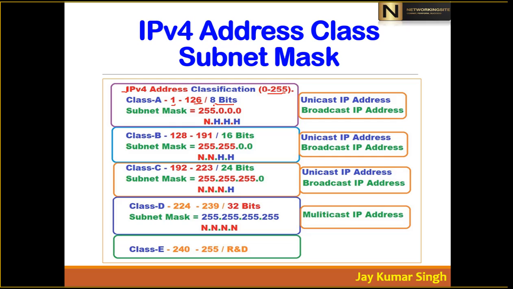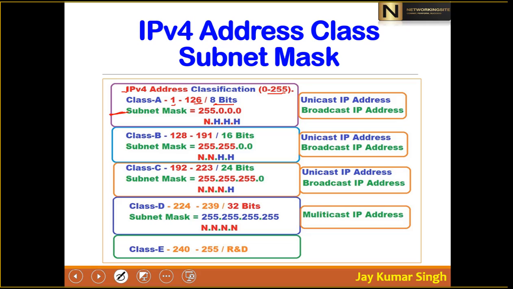And when 8 bit is given to class A, class A will have decimal 255.0.0.0, something like this. So this is called subnet mask, right?